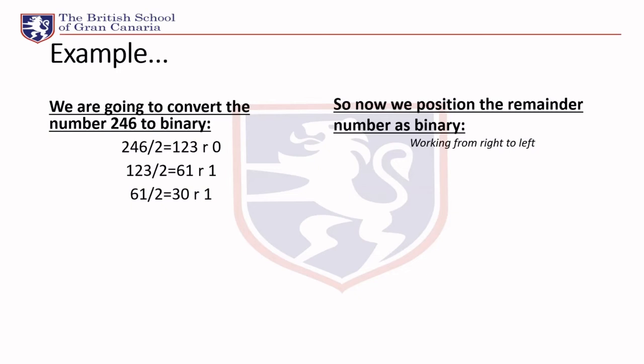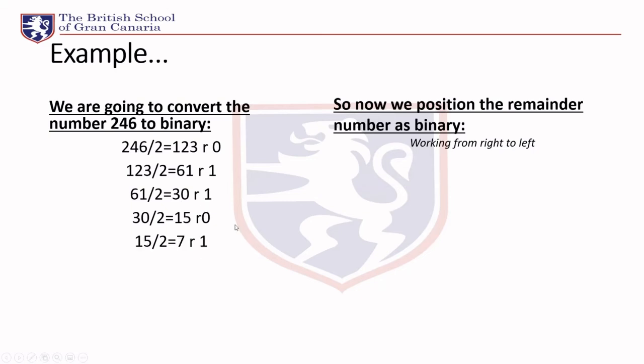Then if we get 61 and divide that by 2, it's 30, remainder of 1. Then 30 divided by 2 is 15 with a remainder of 0, because obviously the 1's gone, it's completely gone.